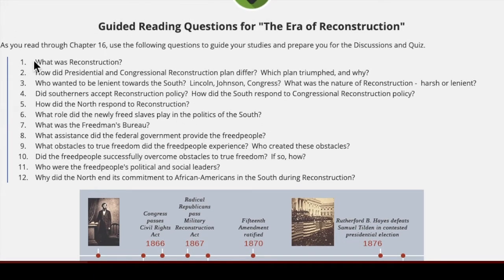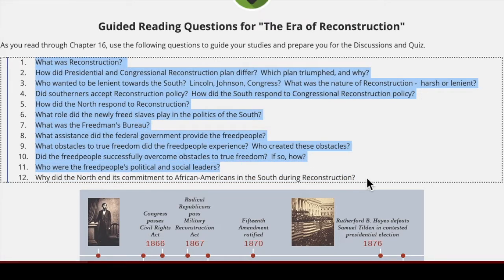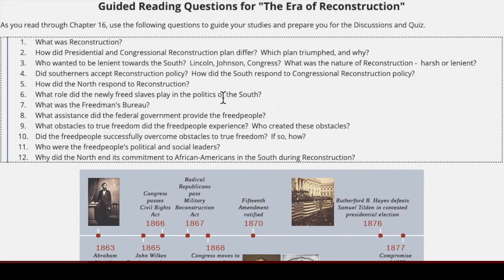Now, you still don't want these questions, any of them, to be your specific question for your presentation. But if you did want to do a presentation on a Reconstruction-related topic, you could take one of these questions and narrow it so that it would become a good question to explore in your presentation.